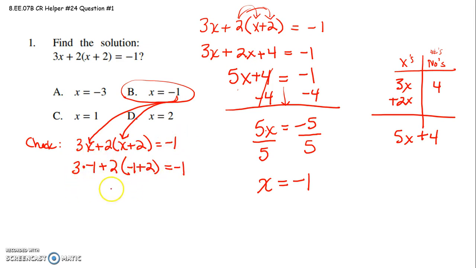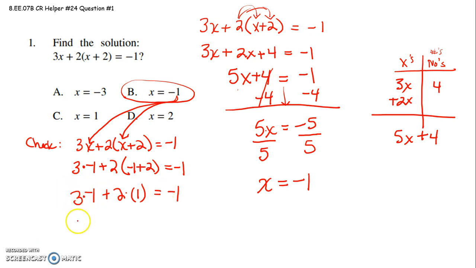I'm going to simplify this left-hand side following my order of operations. Within parentheses, -1 plus 2 is a positive 1. So I have 3 times -1 plus 2 times 1.